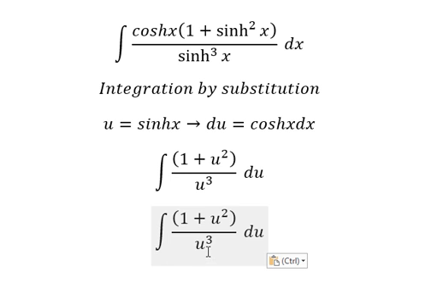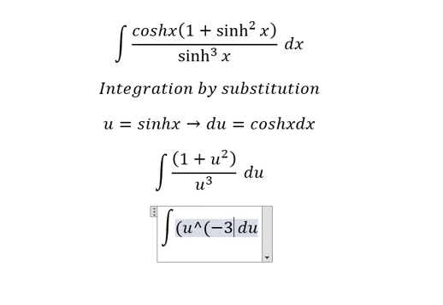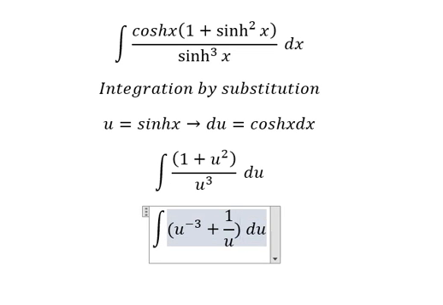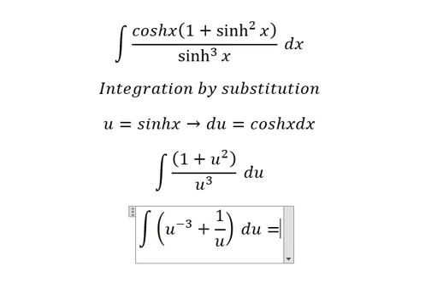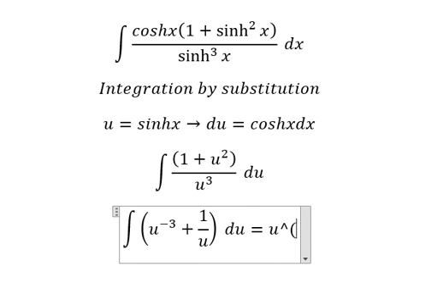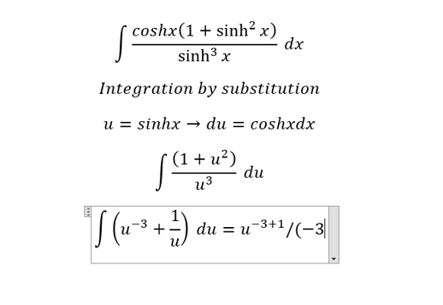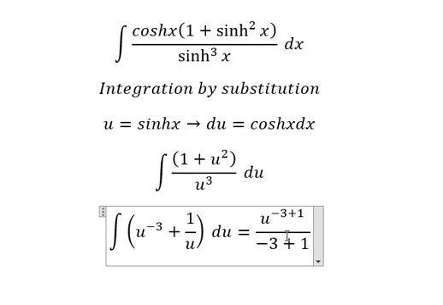So 1 divided by u to the power of 3 is u to the power of negative 3. The next one we have 1 over u. So the integration of this one, we have negative 3 plus 1 over negative 3 plus 1.